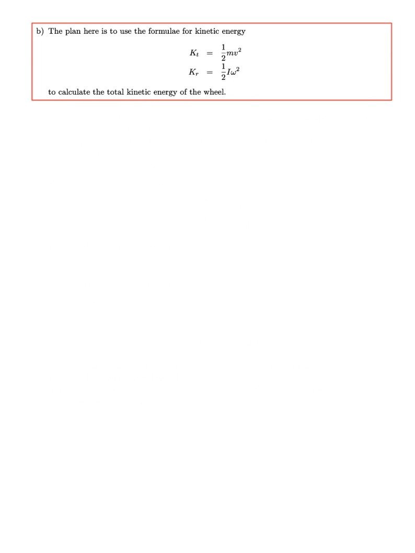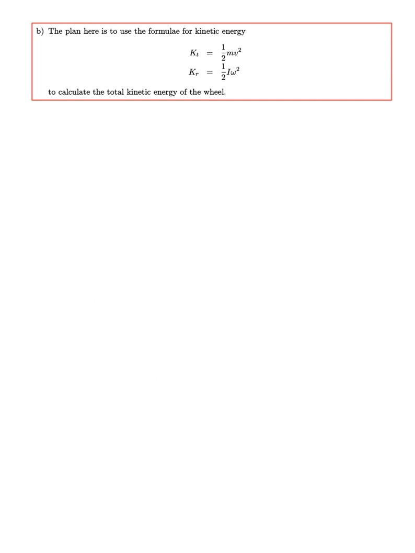Before, we didn't have to worry about the fact that there are actually two types of kinetic energy: translational kinetic energy, the usual 1/2 mv squared, and rotational kinetic energy, which is 1/2 I omega squared. There's really only one type of kinetic energy, and that's the energy that masses have if they're moving.